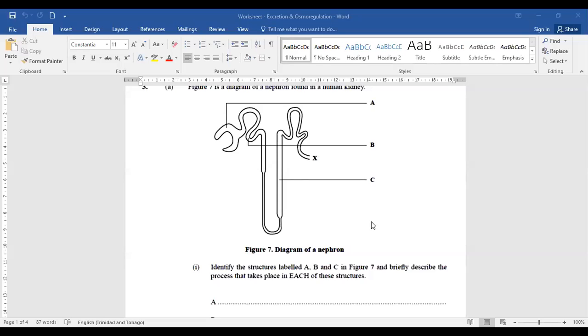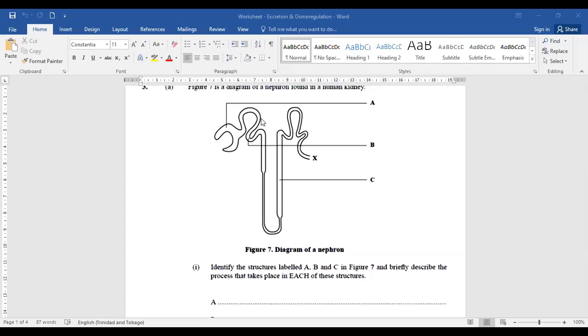The function of the nephron is really to filter the blood. Each nephron not only filters the blood, but the product of this filtration is urine. So the function of the nephron is to filter the blood and to form urine, to get rid of any excess substances that are not needed by the body.